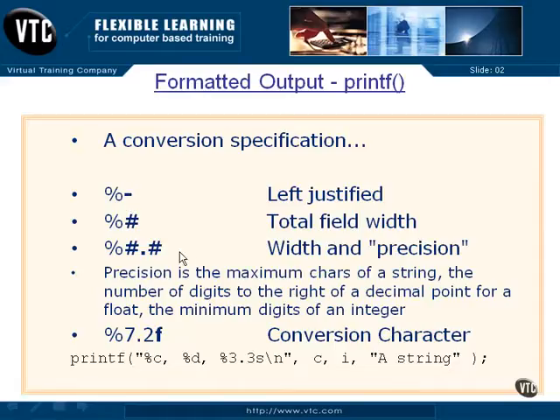If you use the left justification, the integer will be shoved all the way to the left, and the right side of it will be padded out with zeros. If you didn't use the dash, then it will go to the right justification, and it will be padded to the left with zeros to fill out the maximum size of the field. And in this case, this is a 7.2 float. Okay, minimum digits of an integer.